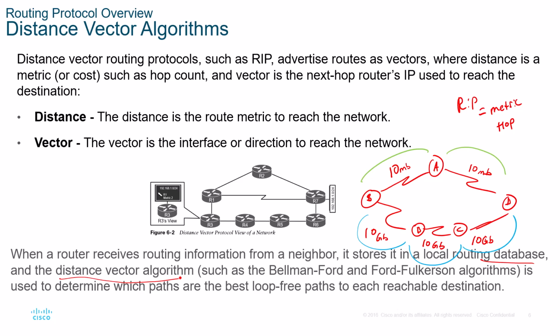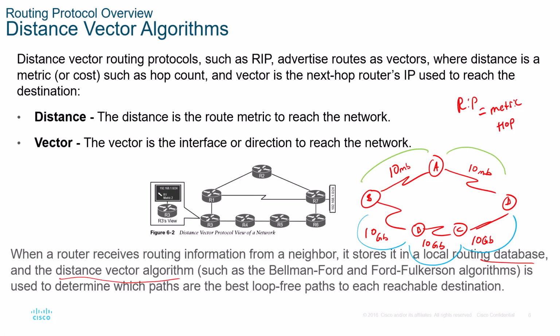And if, for whatever reason, that best path is no longer available, the route table can update itself to the second best path. So if the primary best path goes down and the backup becomes the new primary, the route table will only display the up-to-date best path. All right, so let's go ahead and move on.